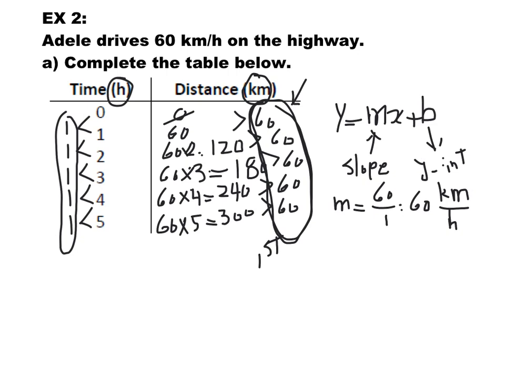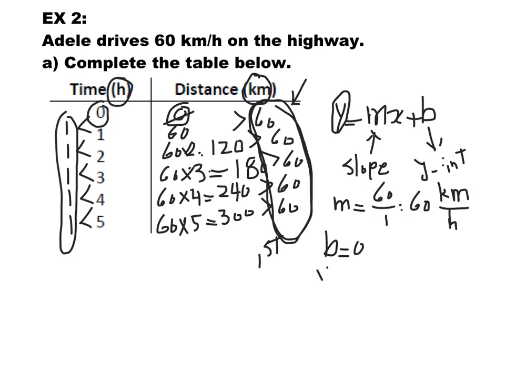The y-intercept is the initial value of the y's. This means that when x is equal to 0, whatever the y value is is called the y-intercept. In our case, you can see that at time t equal to 0, the distance is 0. So the y-intercept b is equal to 0.